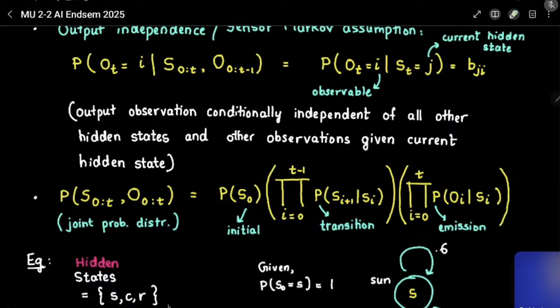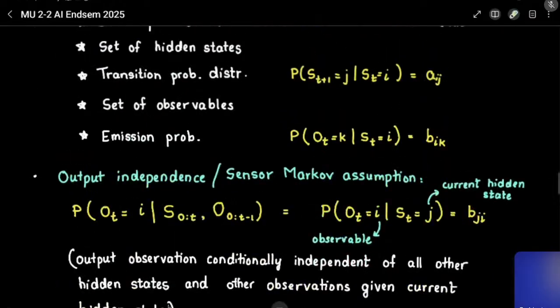In a Markov model, you do not have anything like observations. It's only in a hidden Markov model that you have a separate set of hidden states and a separate set of observables.